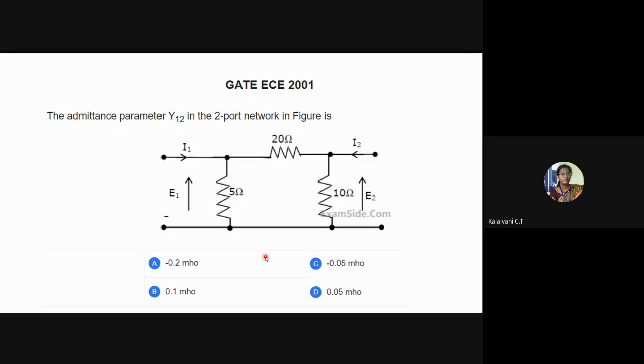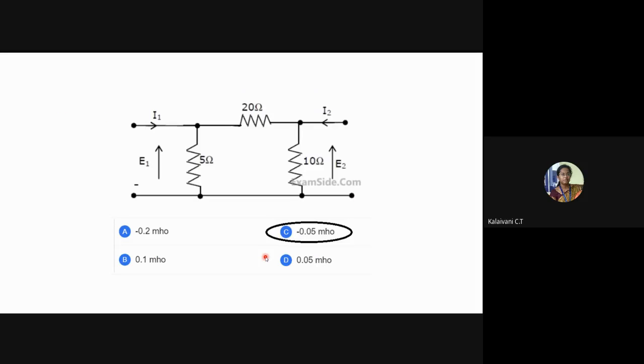So next, we have to find the admittance parameter Y12 in a two-port network given in the diagram. So Y12 we have to find. Choice A is minus 0.2 mho, choice C is minus 0.05 mho, B is 0.1, D is 0.05 mho. So how to solve this?